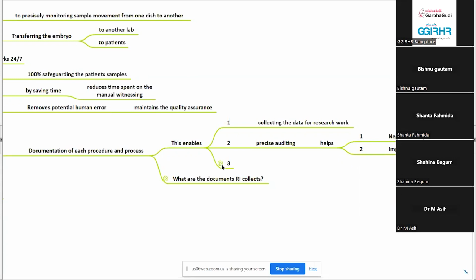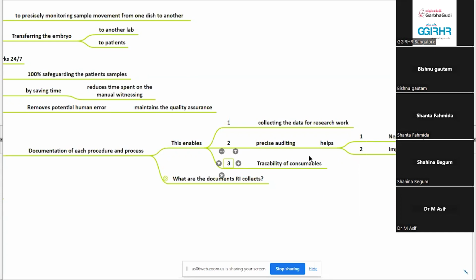And thirdly, it enables traceability of the consumables. This is one of the challenges in an IVF lab. Sometimes we use a lot of consumables and they are not traced, unless the lab is very good and equipped with good SOPs.